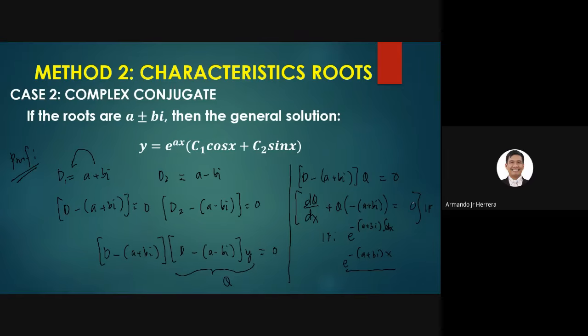And that gives us the derivative of q e to the negative (a plus bi) of x, which is our integrating factor and our dependent variable. So of course, equal siya sa 0, kasi nga, any number multiplied by 0 is 0.